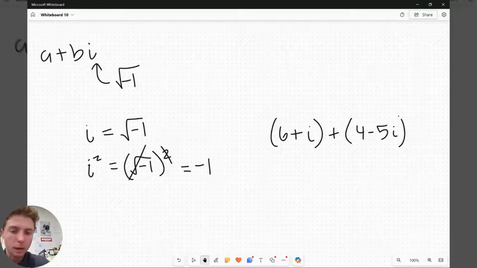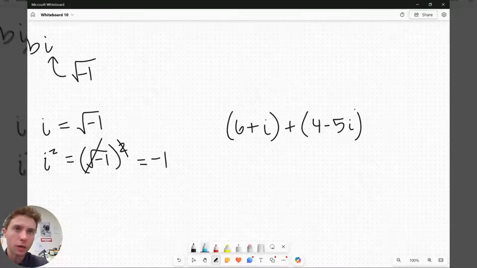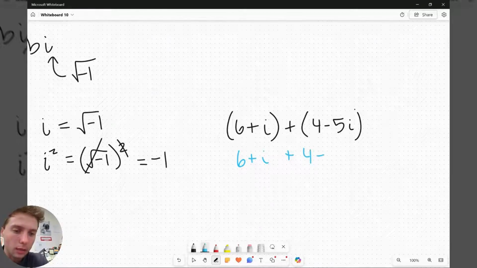Looking at this first problem, all we're doing is adding two complex numbers, 6 plus i, and the complex number 4 minus 5i. Right now there are no values in front of our parentheses, so there's nothing to distribute. If there's just a plus sign in the middle, we can drop the parentheses altogether and just write what was on the inside.